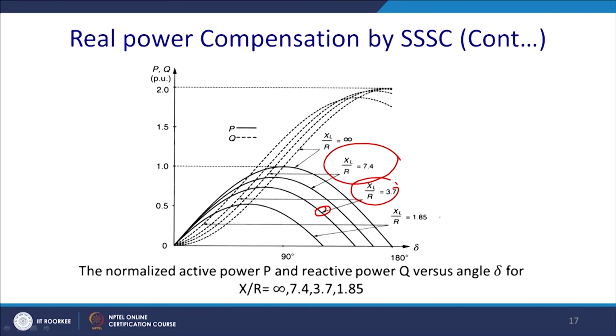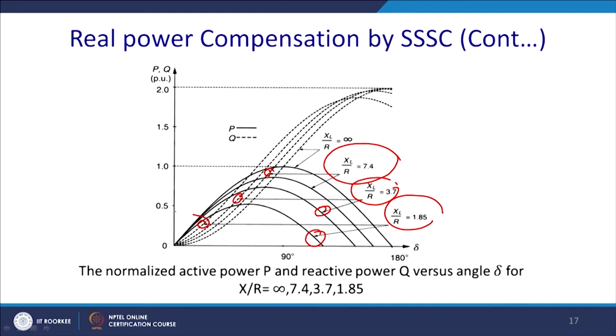Similarly, this is the curve for XL by R ratio equal to 1.85. So, you can see that the power changes drastically, and thus if you make this work properly with compensation, it will go to this point having XL by R ratio 7.4, and it will be shifting in this direction, and similarly it will be shifting further here.